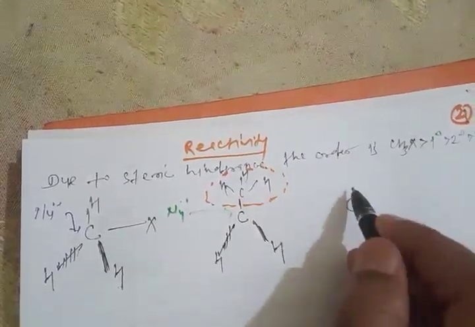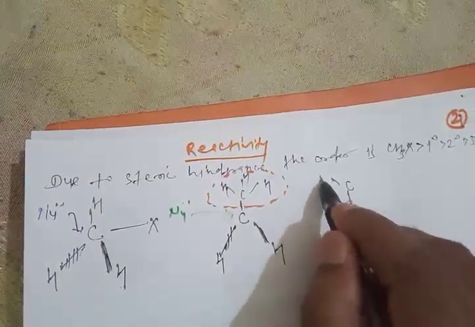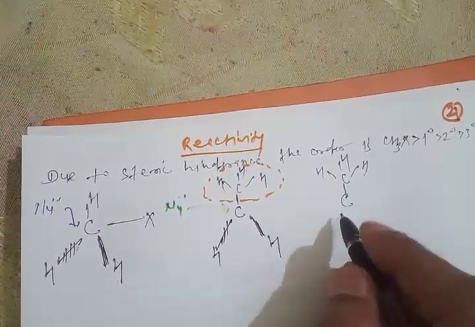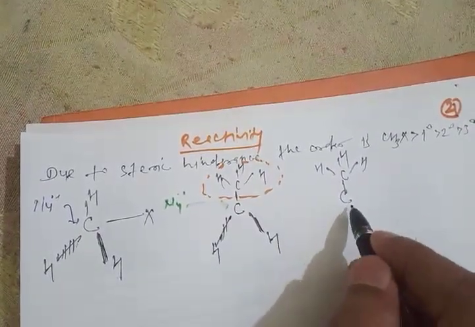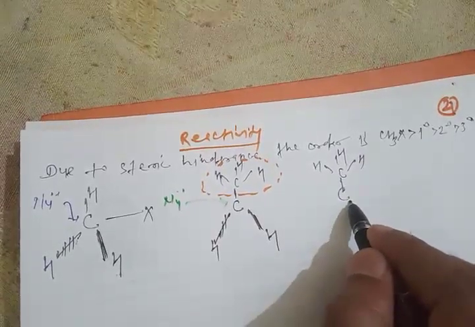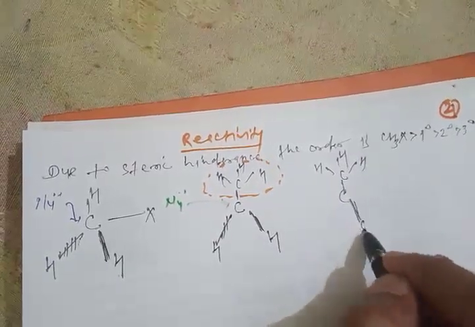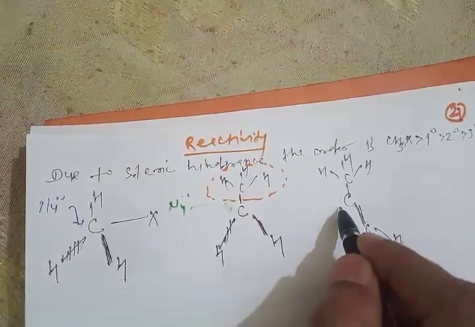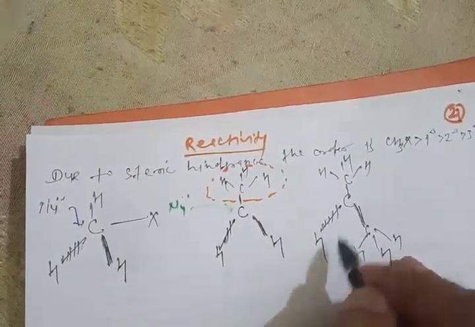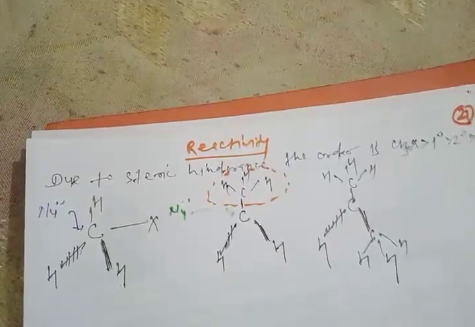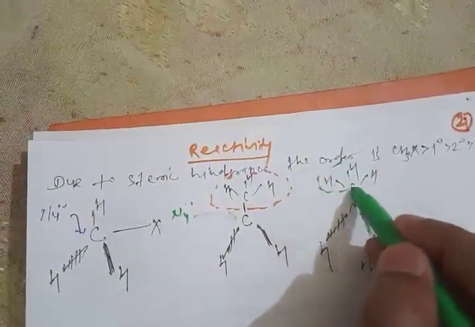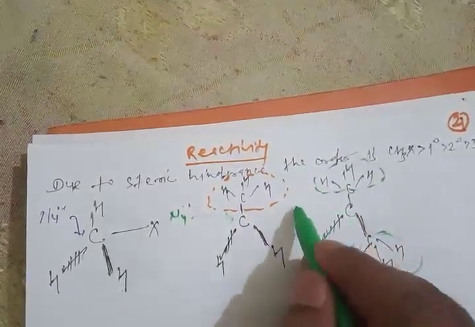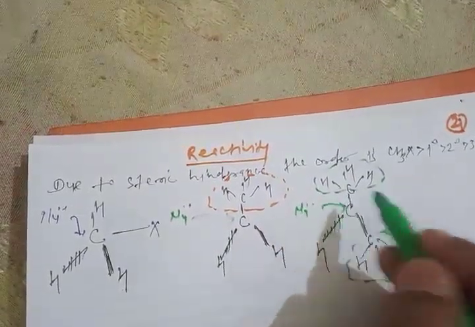Then in the next case, we have a carbon, then another carbon with hydrogen, hydrogen and hydrogen. Then we have another carbon with hydrogen, hydrogen and hydrogen, and then we have a hydrogen. Okay, so now we have this group and this group, and this again a nucleophile.